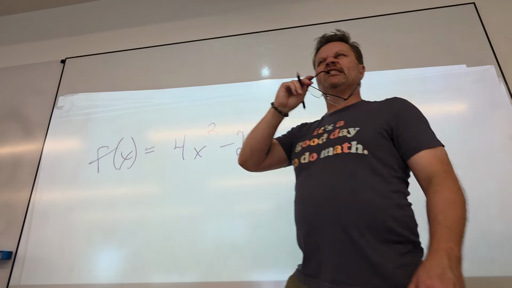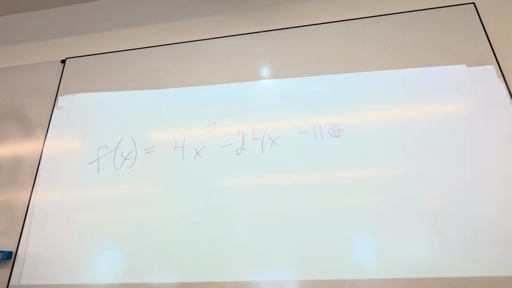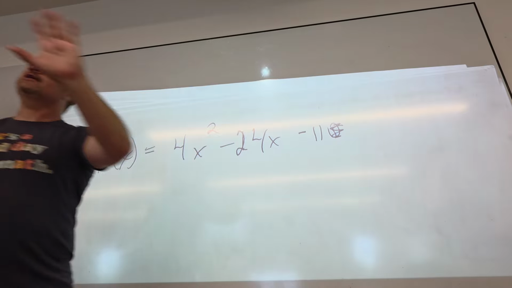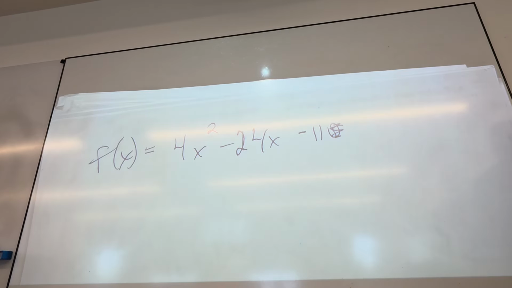So the instructions would say, put it into vertex form. And the only way you can do that directly is by completing the square. First thing I'm going to do is move the 11 over a little bit, make some room, right?